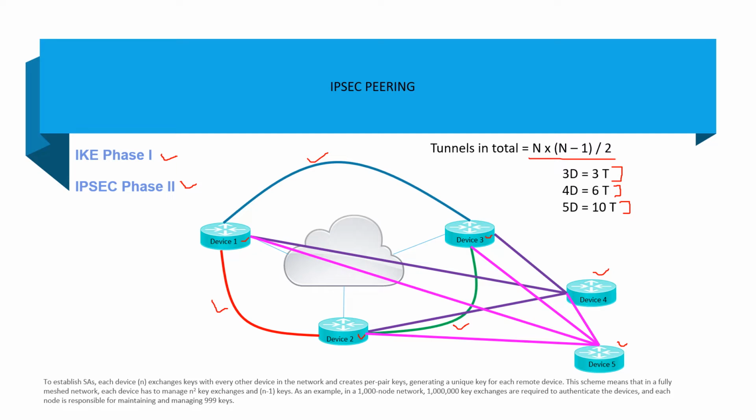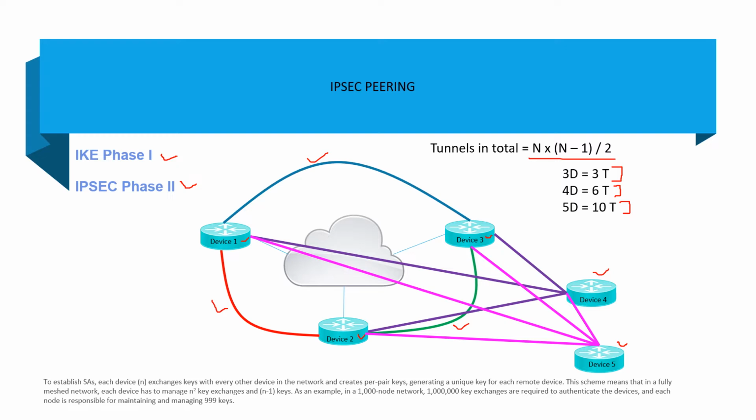To establish a security association, each device exchanges keys with every other device in the network and creates a per-pair key. When I say per pair, it means a key exchange between two devices.